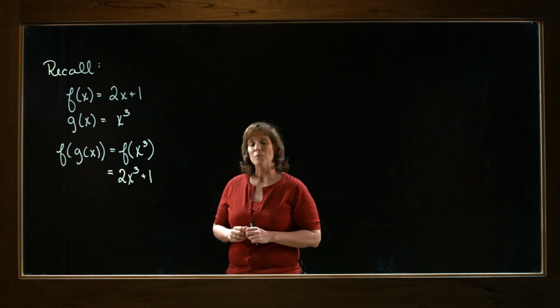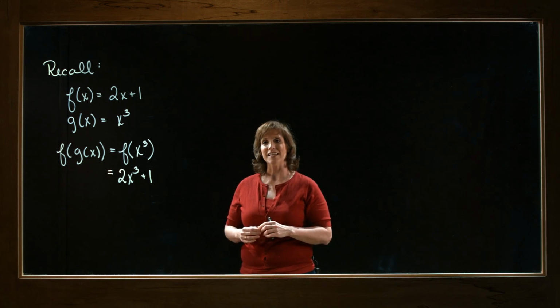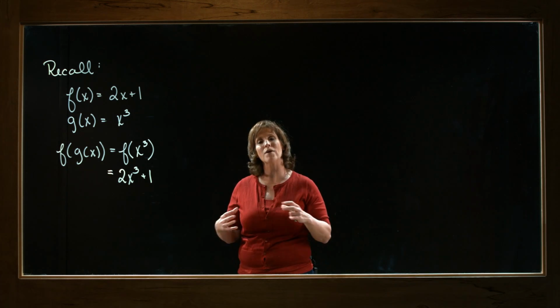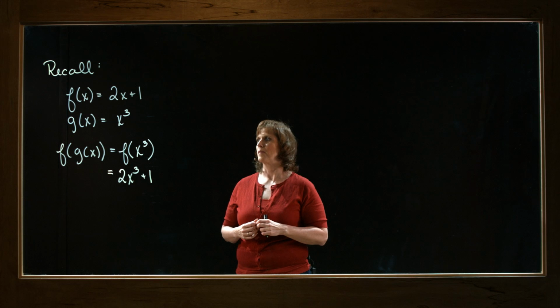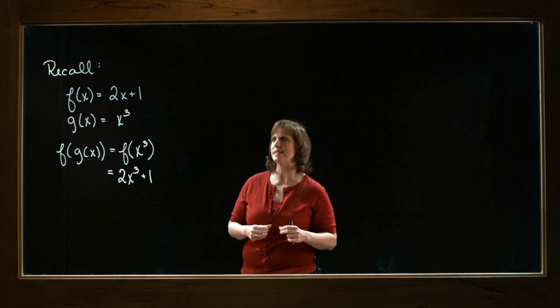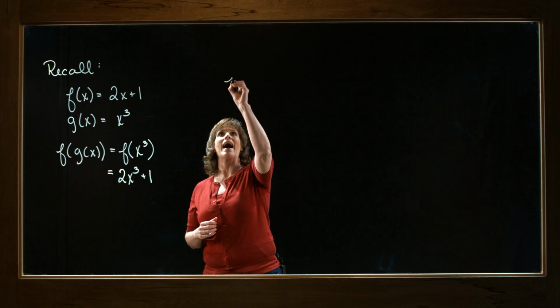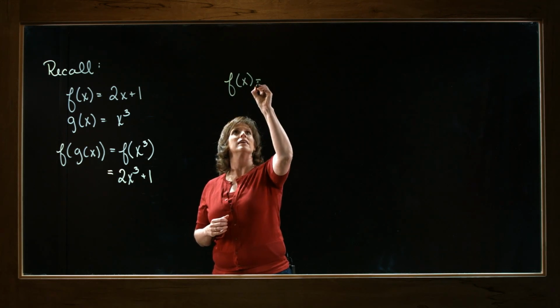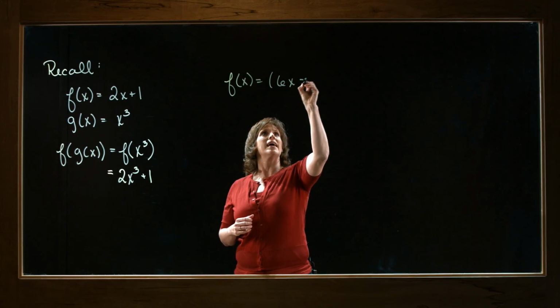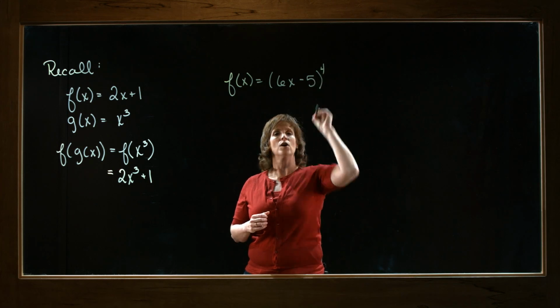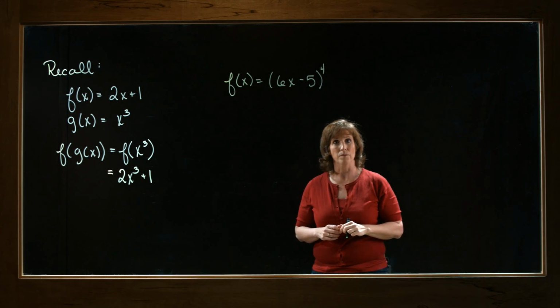What we want to do in the problem from this section is actually take a composite function and break it into its pieces. What is the inside function and what is the outside function? For this problem, we're looking at f of x equals 6x minus 5 raised to the 4th power.